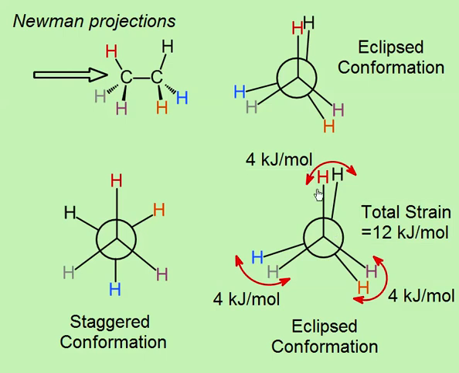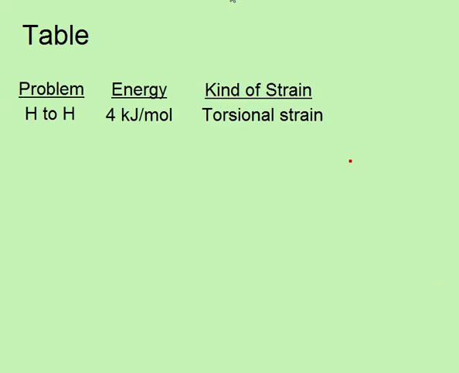When a CH bond is eclipsed in front of another CH bond on the next carbon, it leads to 4 kilojoules of strain energy each time. So it gives us a total of 4, 8, 12 in total as we look at this eclipsed conformation. So that's our first kind of strain energy for this problem.